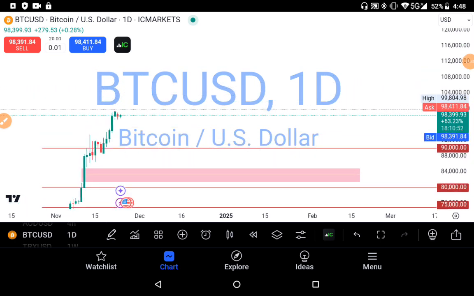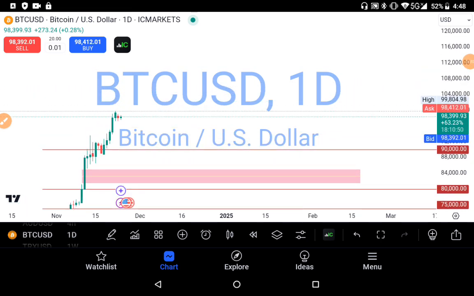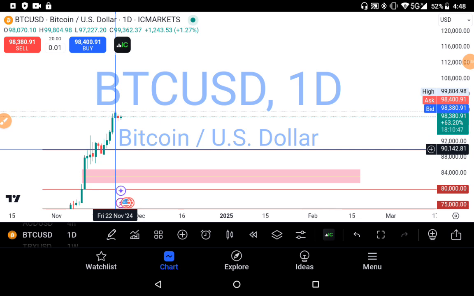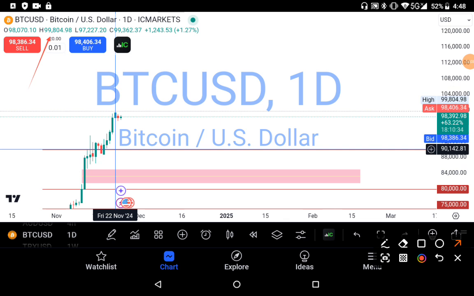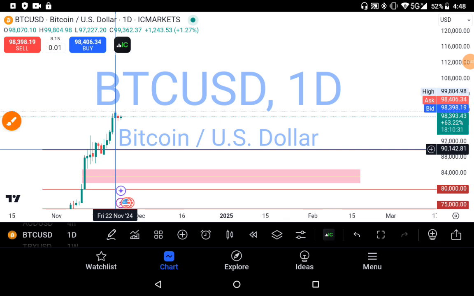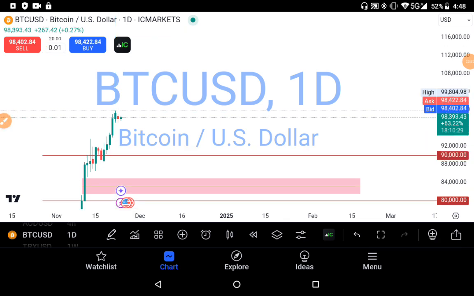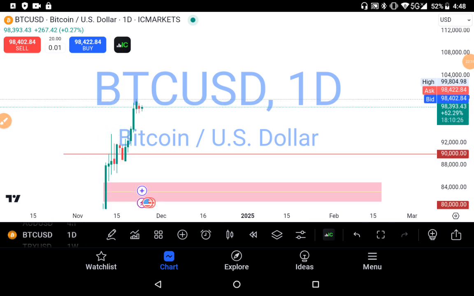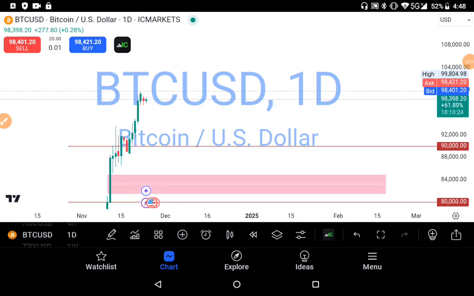The high so far was 99,804. So we should be seeing 100,000 on BTC soon. 95 to 100.